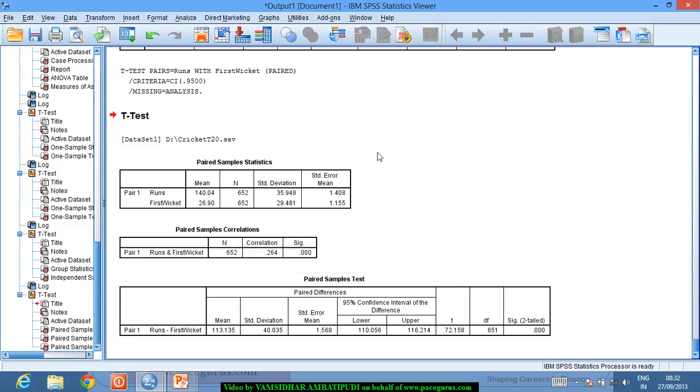So what can be concluded here is that between two pairs of data, especially when I want to look at the differences between them and draw conclusions based on those differences, I would resort to the paired sample t-test.